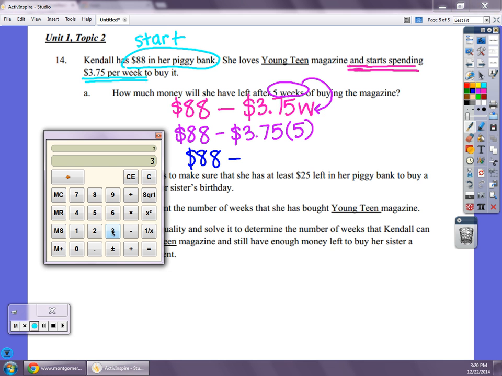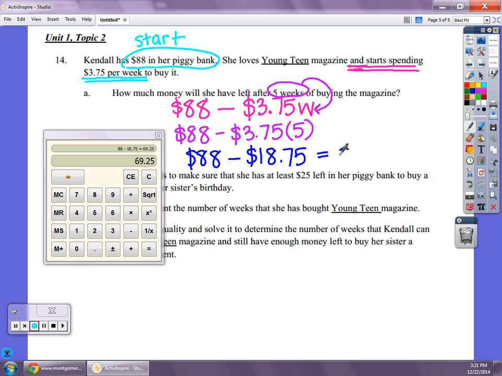So I'm going to do $3.75 times 5. That's going to give us a value of $18.75, and now I can subtract. 88 minus $18.75 is going to give us $69.25.